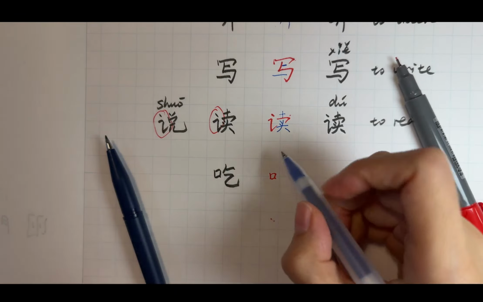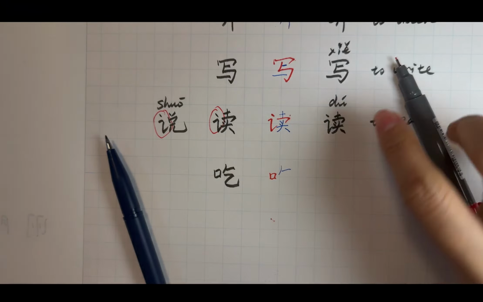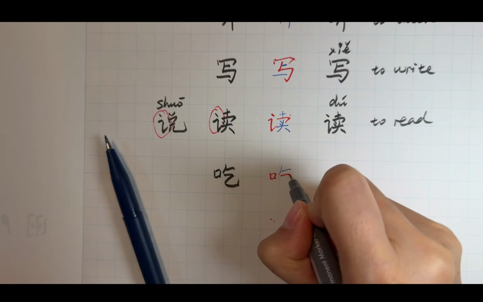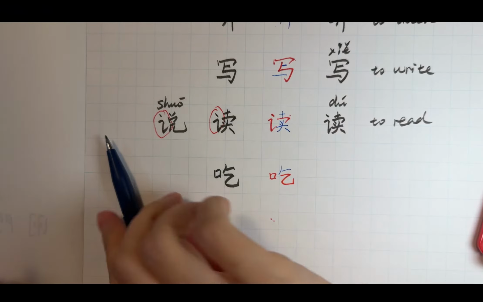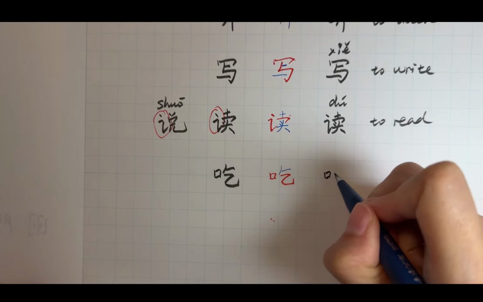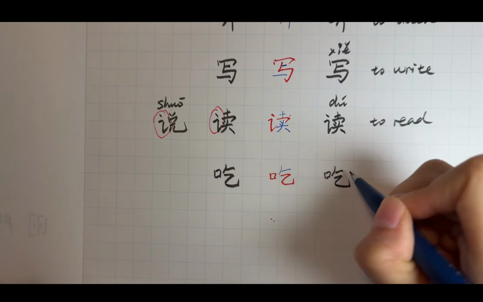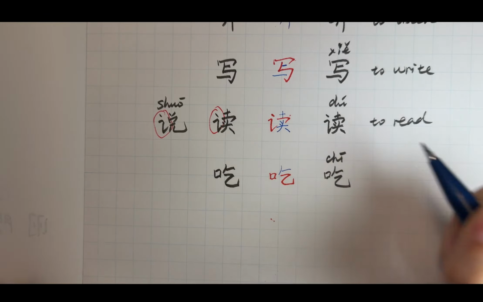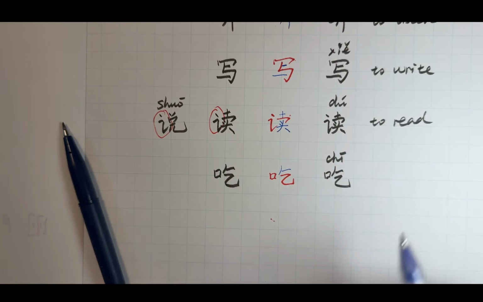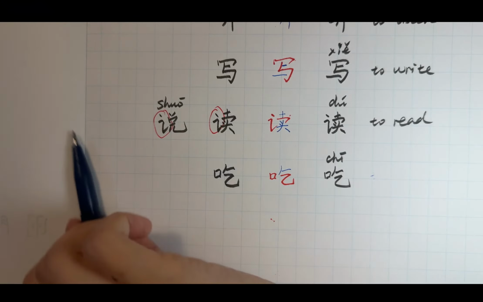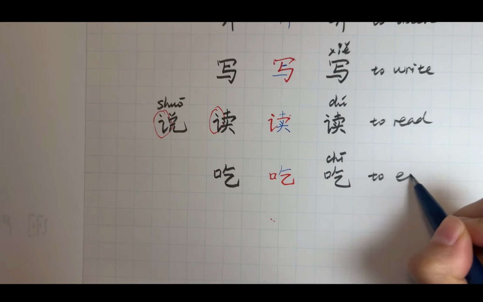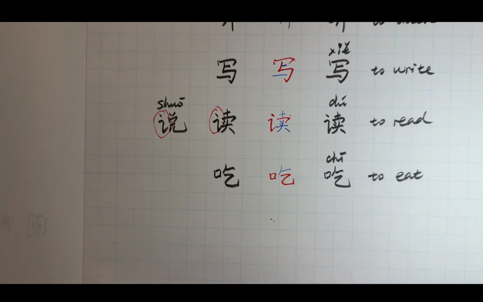And then we have this top. And we have this twisted bottom. 吃. 你吃饭了吗？Have you had your meal today? 吃 is to eat. 好吃. 好吃.